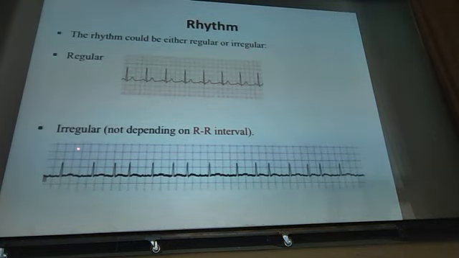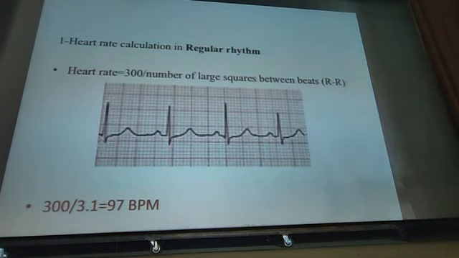So here we cannot use the same calculation for finding heart rate. Regular rhythm: how many large squares do we have? 1, 2, 3.5. 300 divided by 3.5 is approximately 97 beats per minute.